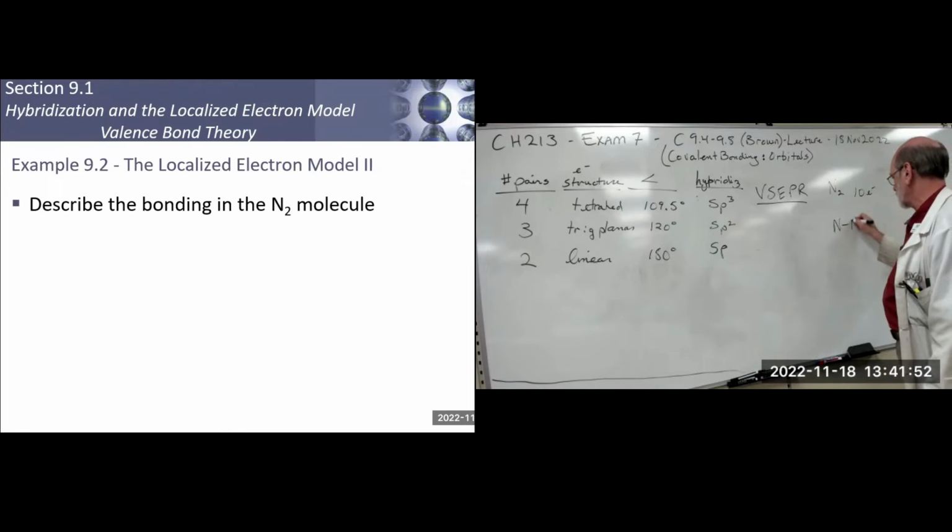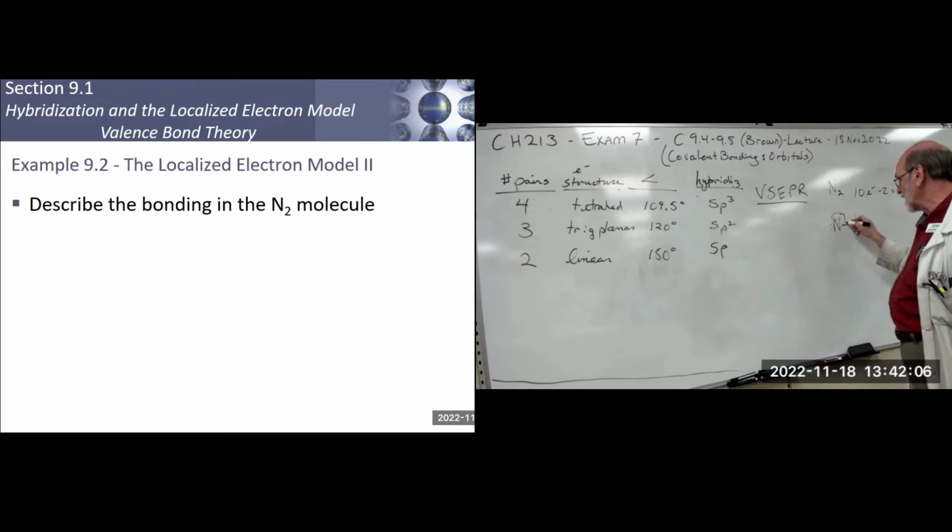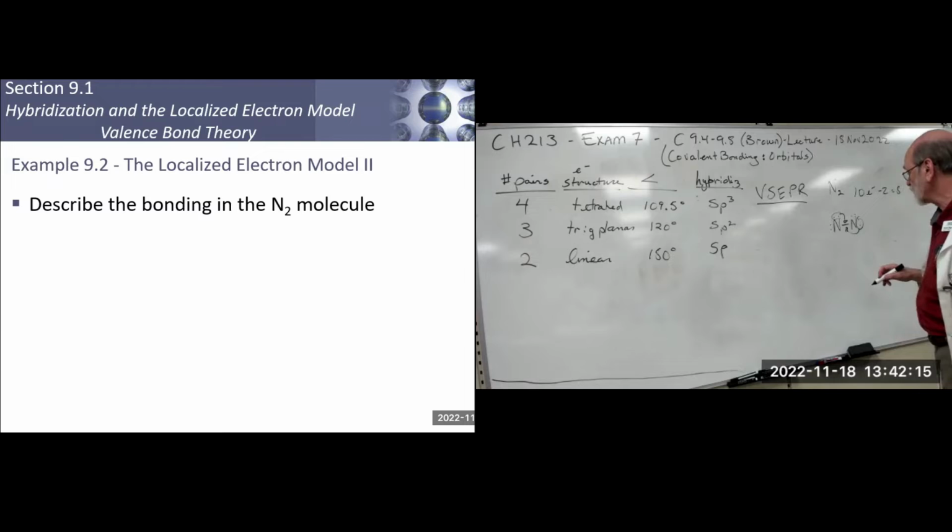We need to make an octet for each nitrogen. The only way to do that is to make a triple bond here, 2, 4, 6, 8. So that Lewis dot structure is going to be like this with a lone pair on either side.